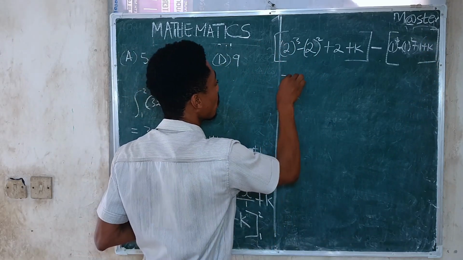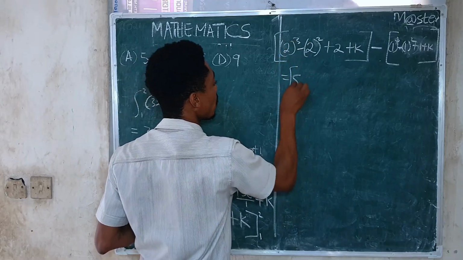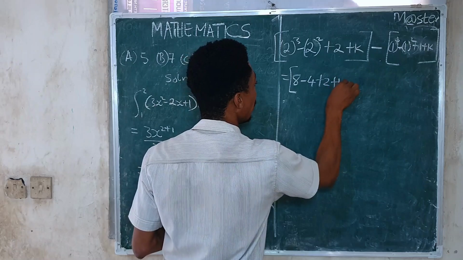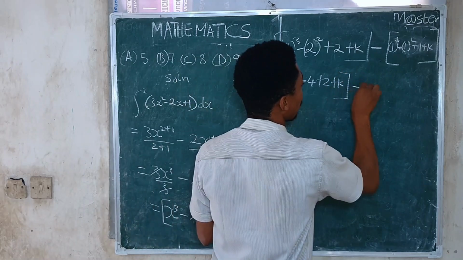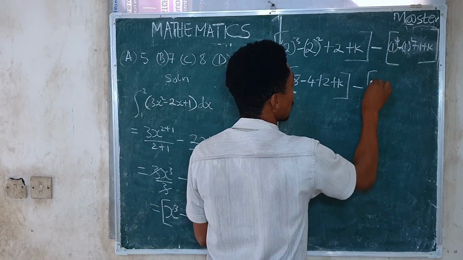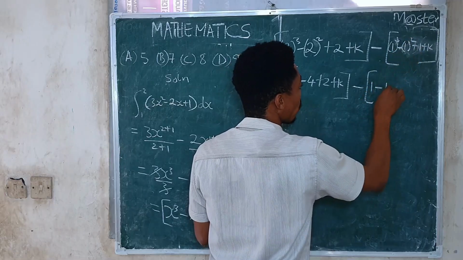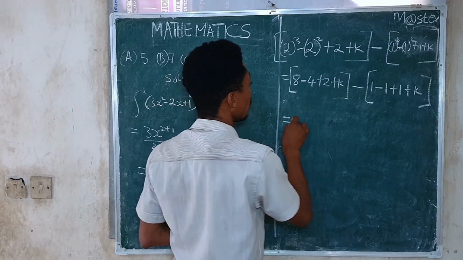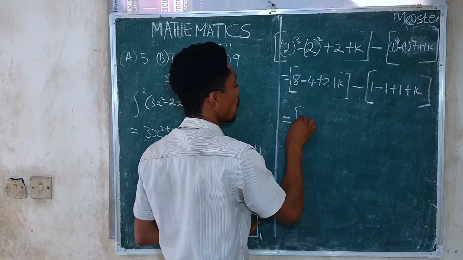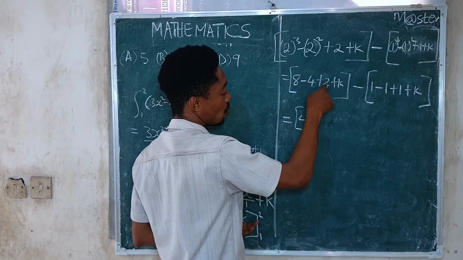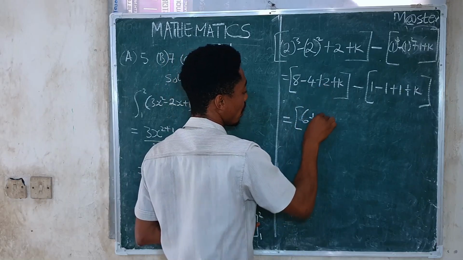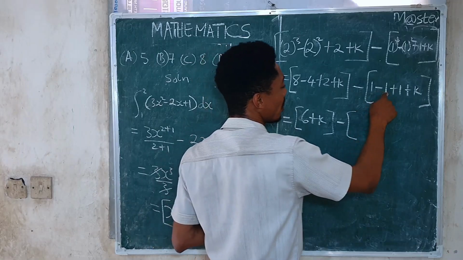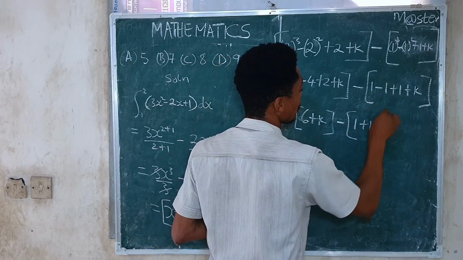So this now becomes 2 cubed is 8 minus 2 squared is 4 plus 2 plus k, minus 1 raised to power 3 is 1 minus 1 squared is 1 plus 1 plus k. This is 8 minus 4 is 4 plus 2 is 6 plus k, minus 1 minus 1 is 0, 0 plus 1 is 1 plus k.